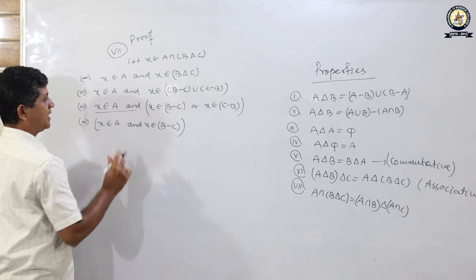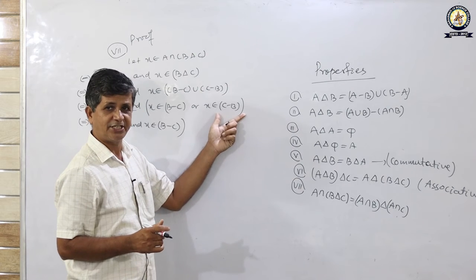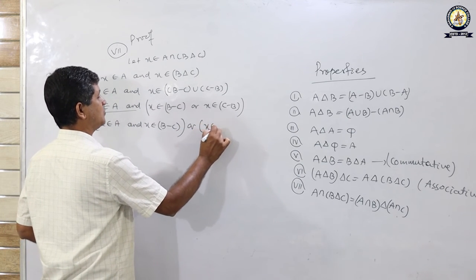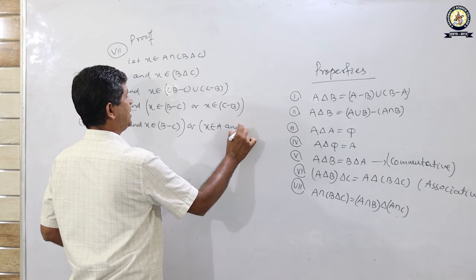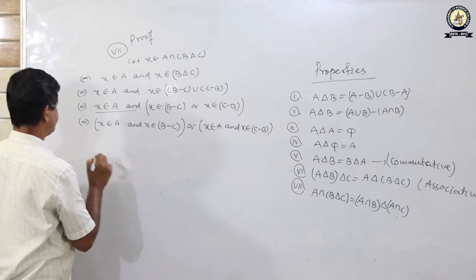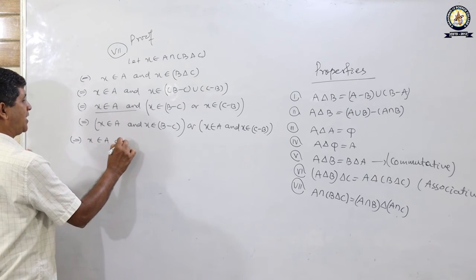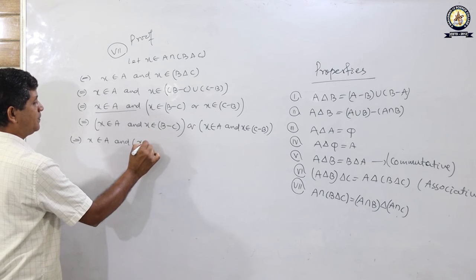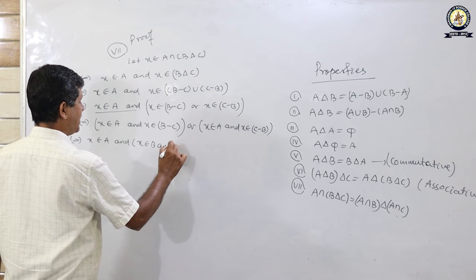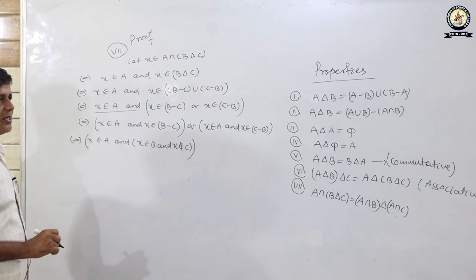X belongs to A and will be first with B difference C and the next with C difference B. Or X belongs to A and X belongs to C difference B. Implies and implied by X belongs to A and X belongs to B difference C means X belongs to B and X does not belong to C. This is within one bucket.